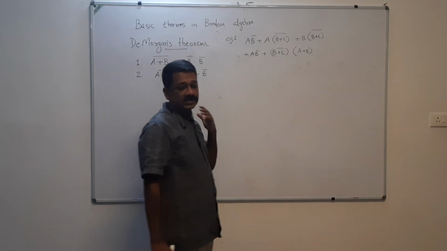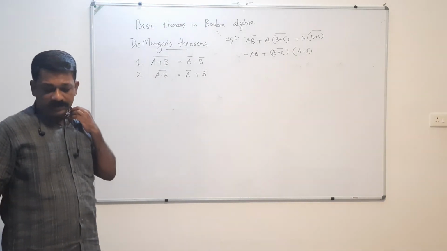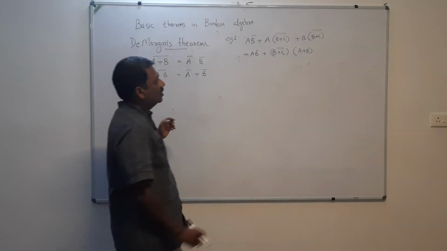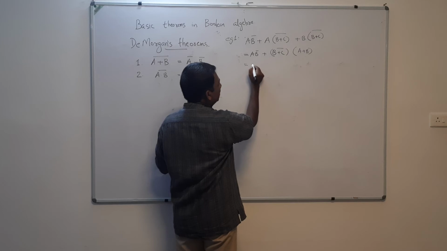Then what is B plus C the whole bar? This can be reduced by De Morgan's theorem.